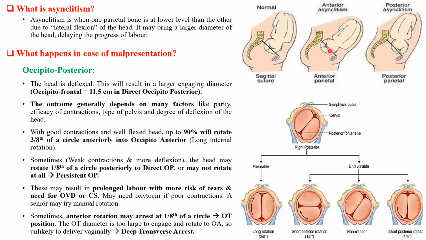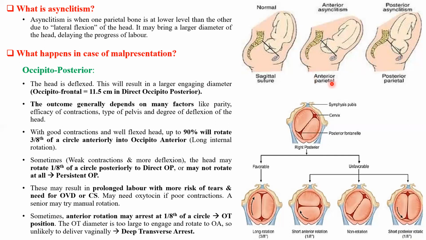Why is it better? Because for the head to correct itself and come back to the neutral position, it will pass through a small resistance against the promontory of the sacrum. But in posterior asynclitism, for the head to correct its position and go back into the neutral position, it has to go against the whole distance of the symphysis pubis.